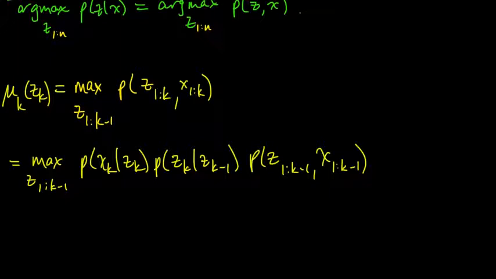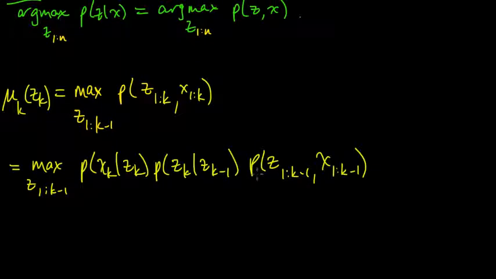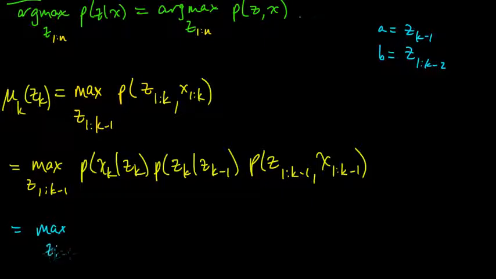We'd like a max over z from 1 to k minus 2 in here, so let's take b to be z from 1 to k minus 2. And a is the other thing we're maximizing over, which is just zk minus 1. So a is on the outside, max over zk minus 1.